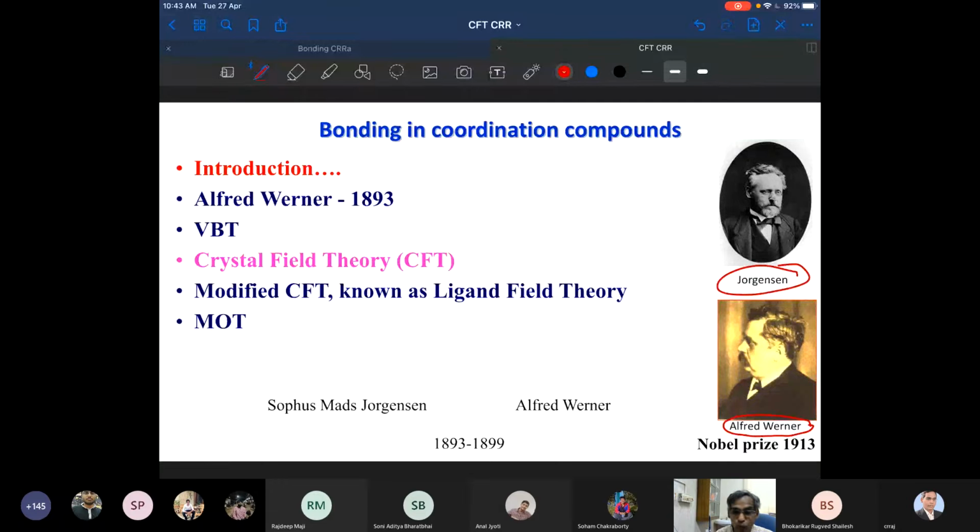Jorgensen was the first to propose something related to coordination chemistry, and there was a long debate between Werner and Jorgensen regarding the bonding, how it is bonded together. There was no concept of ligand coming and coordinating the metal. Werner was talking about the primary and secondary valency.